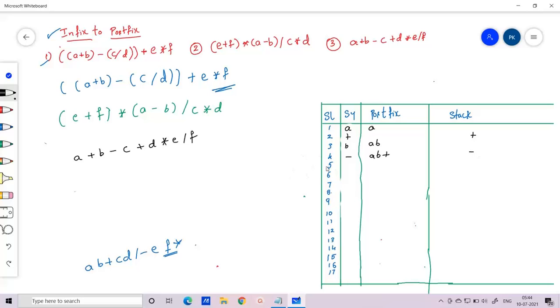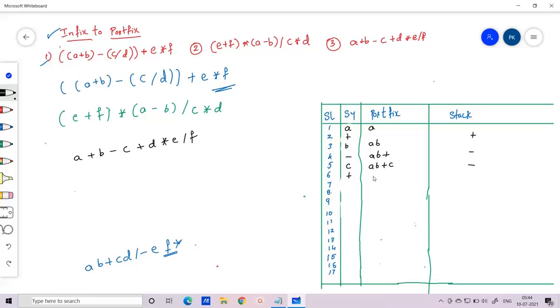Okay, next again we have one more operand, which is C. So I'll get the result as AB plus C. So the operand has to be written onto postfix. Now after C we have plus. Since I have plus, and in the stack I have minus, minus has to be removed from the stack.